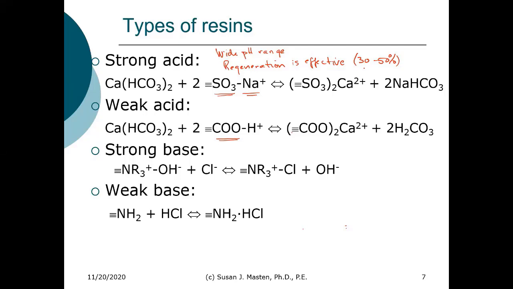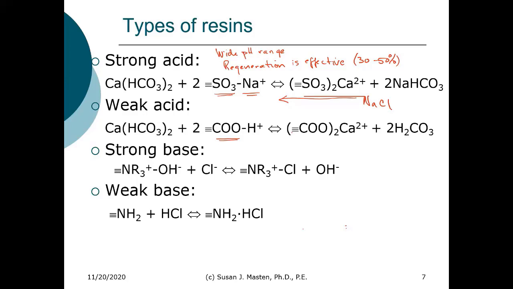You're exchanging the sodium for calcium, and then when the ion exchange capacity is reached, or what we call exhausted, you need to shift the equilibrium back. Typically we use a salt solution, in this case a concentrated salt solution, to shift that equilibrium back so that the resin is restored in a sodium form.